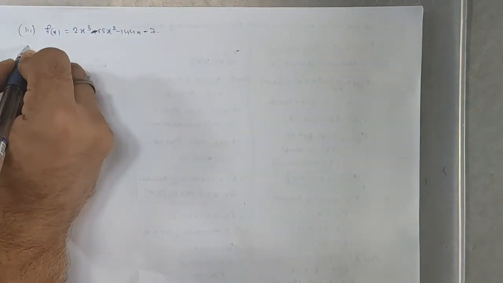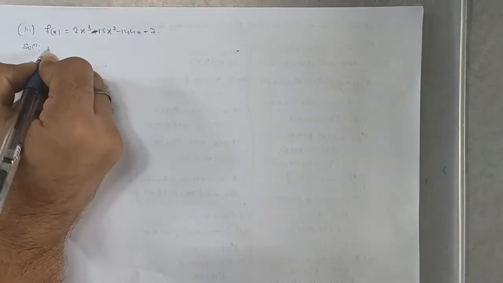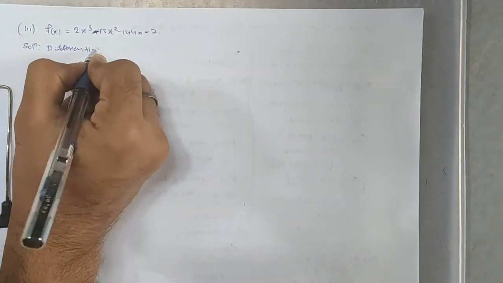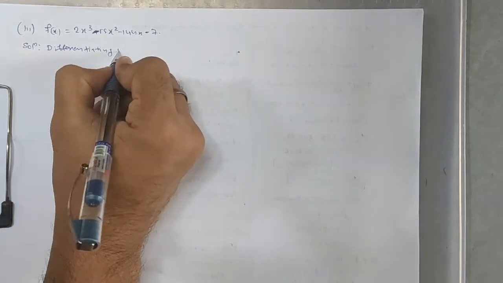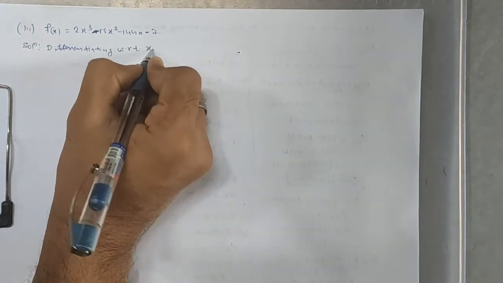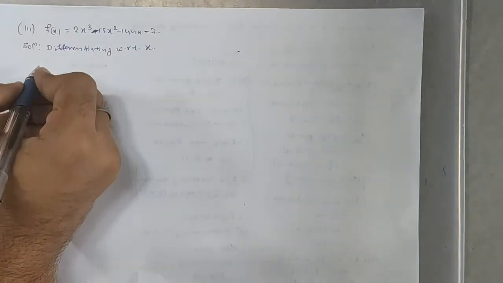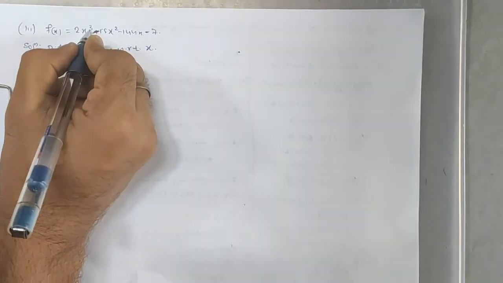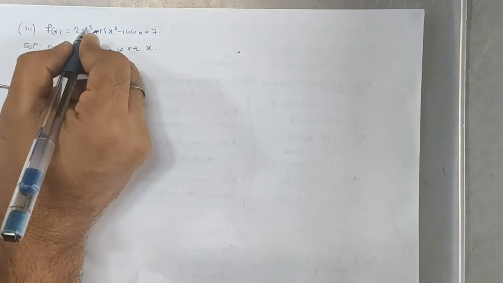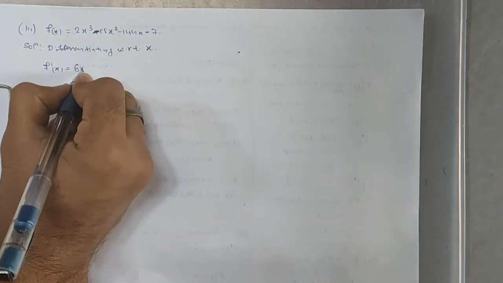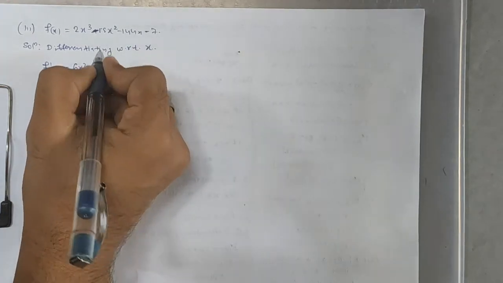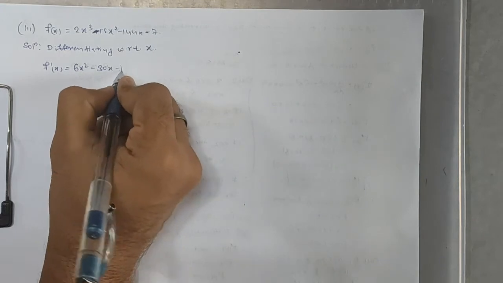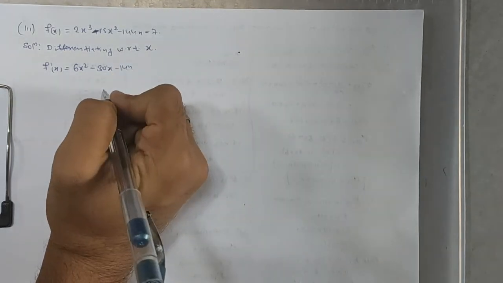So solution, differentiating with respect to x, f dash of x is equal to differentiation of x cube will be 3x square, so 3 into 2, 6x square, minus 15 into 2, 30x, minus 144, and differentiation of 7 will be 0.